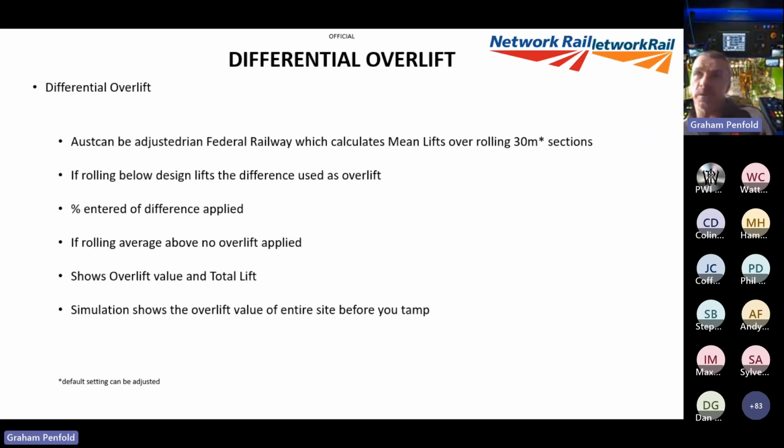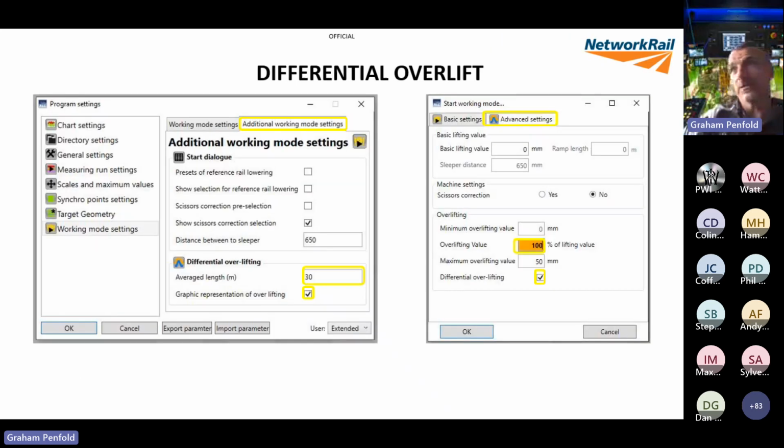It shows the overlift value and total lift in your work mode, and you can simulate the overlift value of the entire site before you tamp, which is really good. I've put these screens up because a lot of people miss it. It's very hard to get into the menu, because you have to go into additional work mode settings.